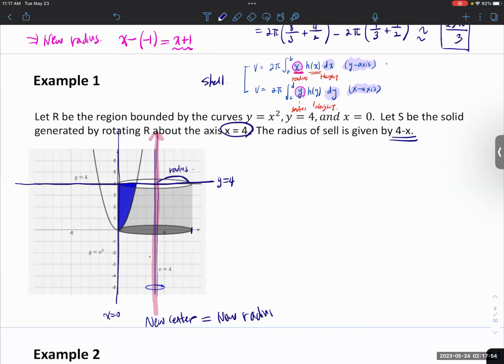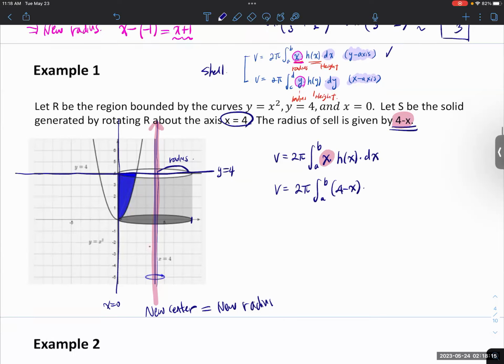So we're going to keep the first formula, 2 pi from a to b, x times height function dx. But now you have a new radius, which is 4 minus x, correct? So we keep 2 pi, a to b, and x is now 4 minus x.